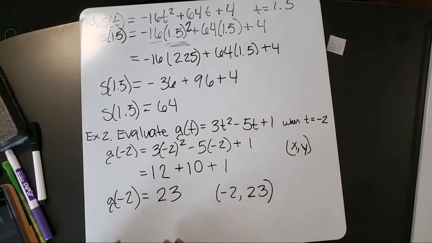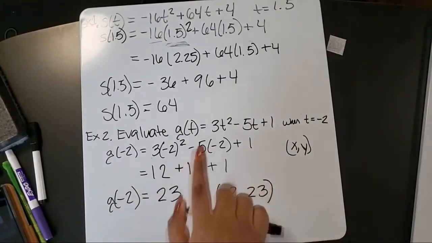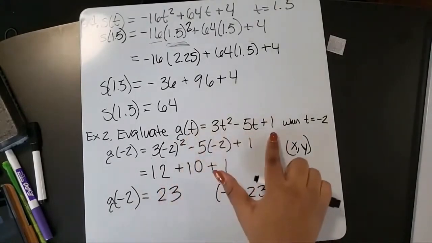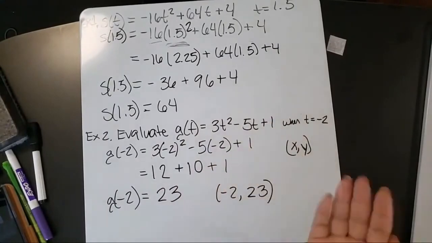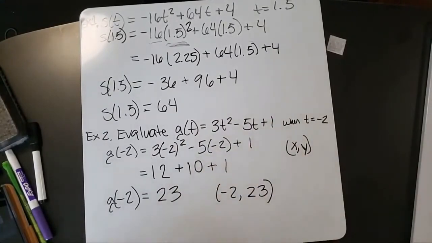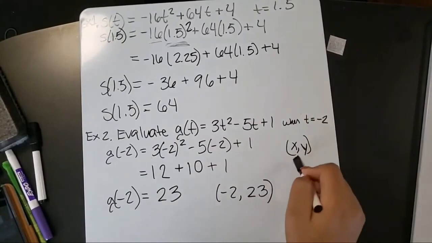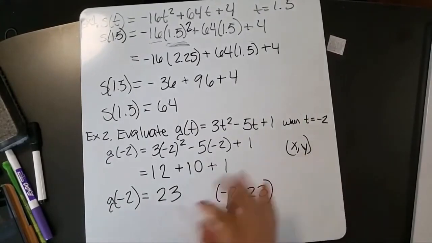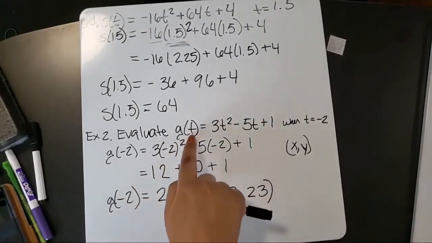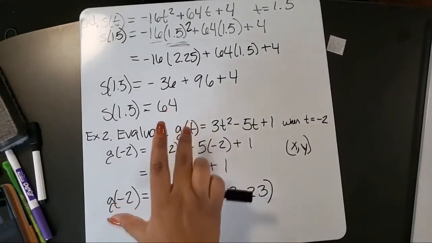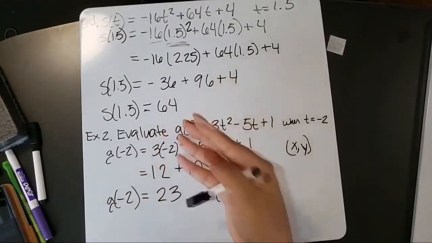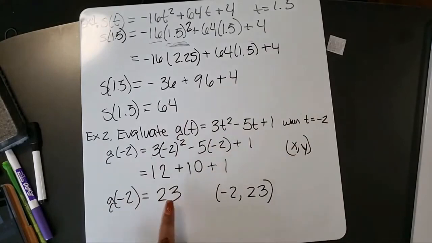So I really want you guys to understand how this is working. When we start graphing functions, you may get a function like this and they say, hey, graph it. So you have to decide some x's, or in this case, some t's that you want to put in to evaluate so that you can get your output.